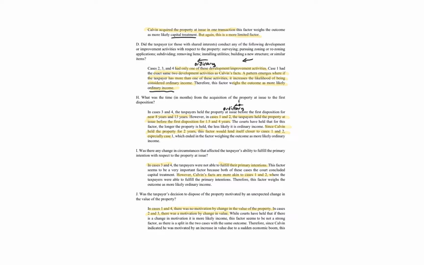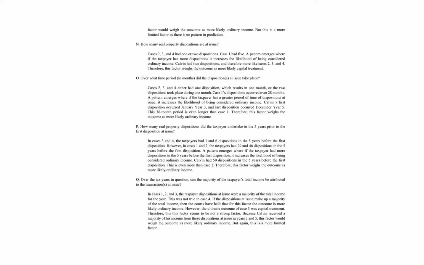So it's a split. Now, Calvin indicated he was motivated by increase in value due to sudden economic boom. And the courts have held that if you do have an increase in value due to a boom or something economic, that seems more likely to be ordinary income. So this would lend itself more to ordinary income. However, it's a more limited factor. And the reason why is because there's no prediction.